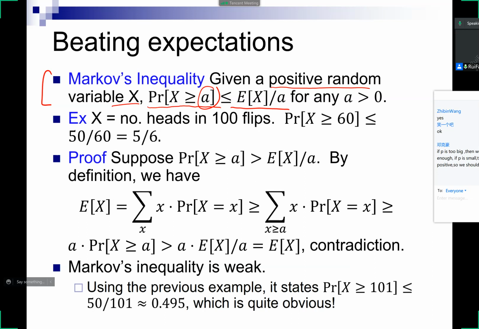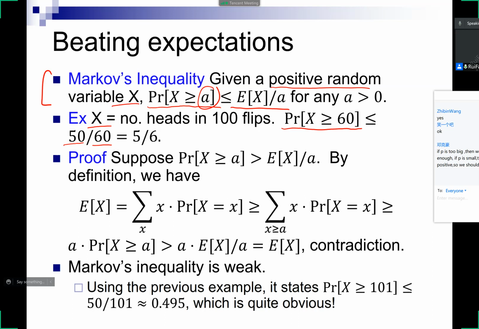As an example of using this, suppose X is the number of heads that you get in 100 coin flips. That's definitely a non-negative random variable. You expect to get 50 heads. Now the probability that you get more than 60 heads, using Markov's inequality, is at most the expectation, which is 50, divided by a, so that's at most 5/6. So Markov's inequality says that you have no more than a 5/6 probability of getting more than 60 heads.